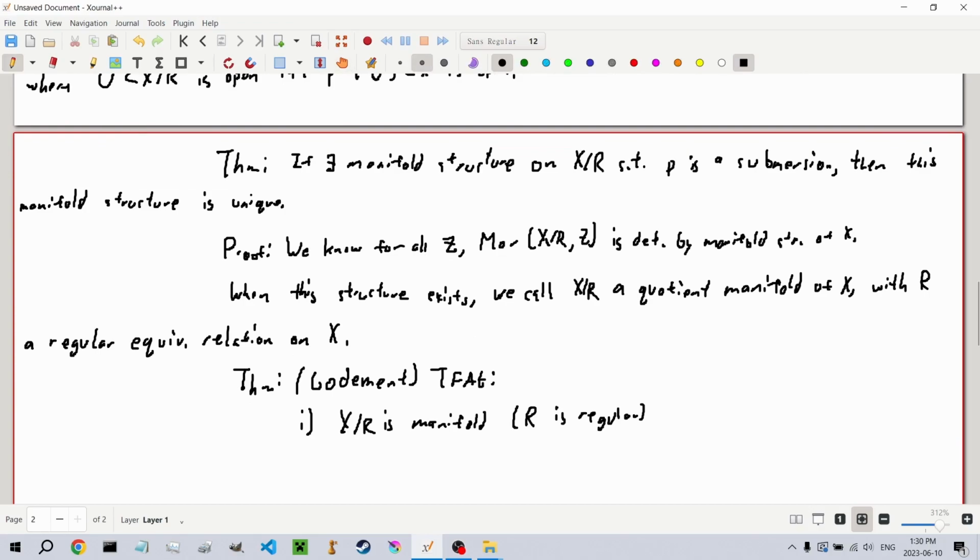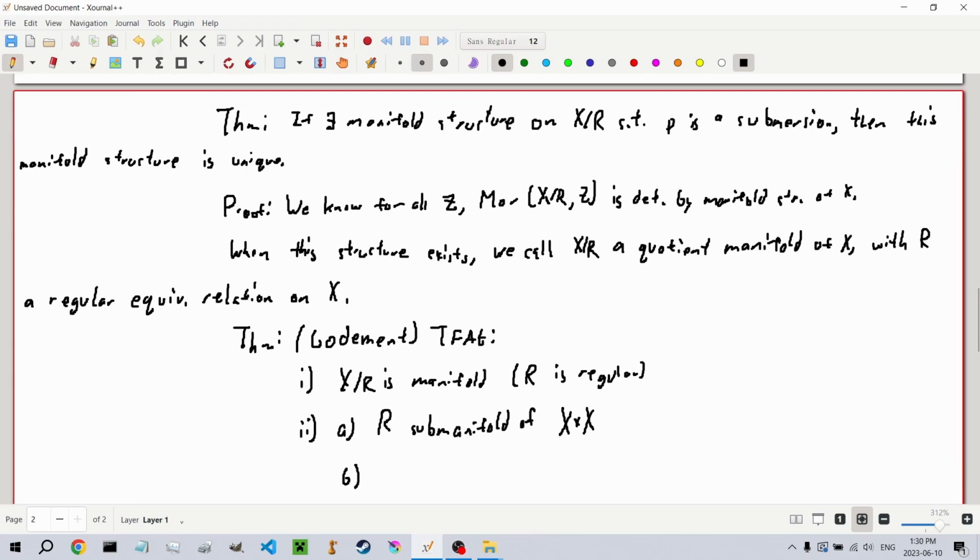And so we just need a better way to understand these, and so the equivalent conditions: first off, R is a submanifold of X times X, and secondly, the second projection from R onto X is a submersion.